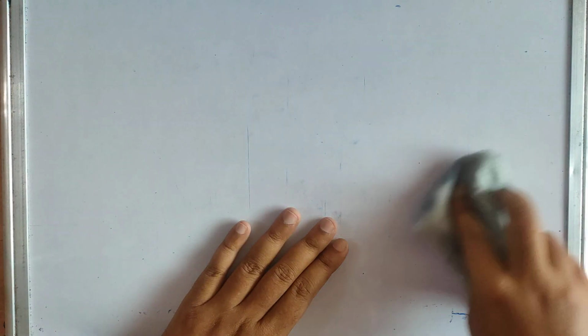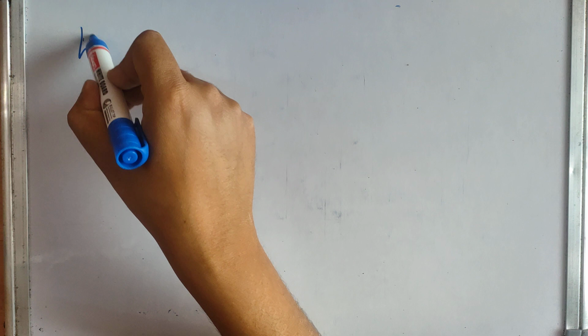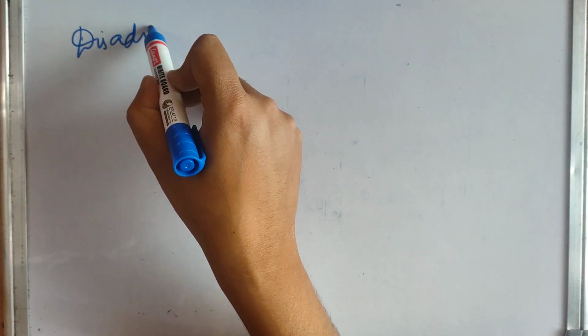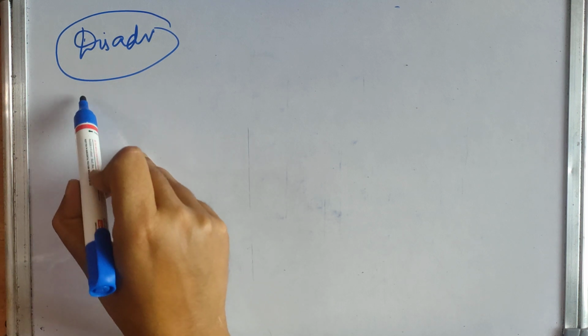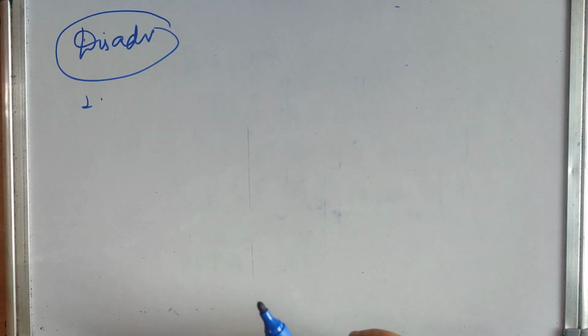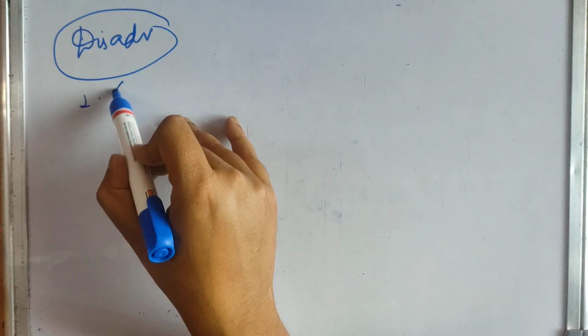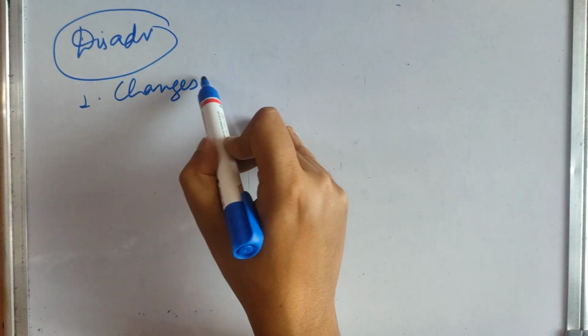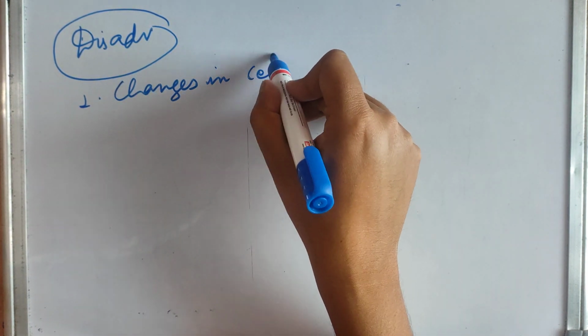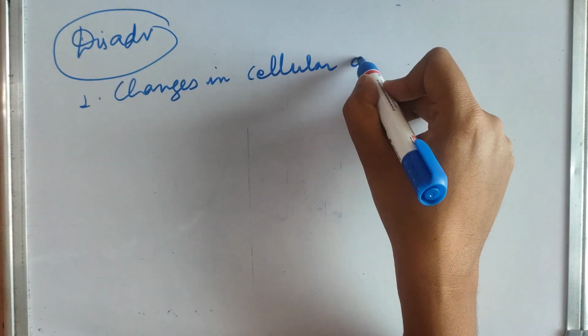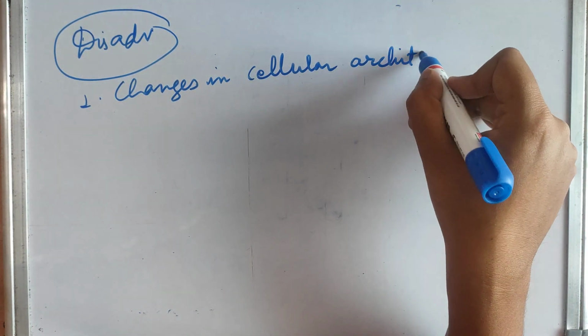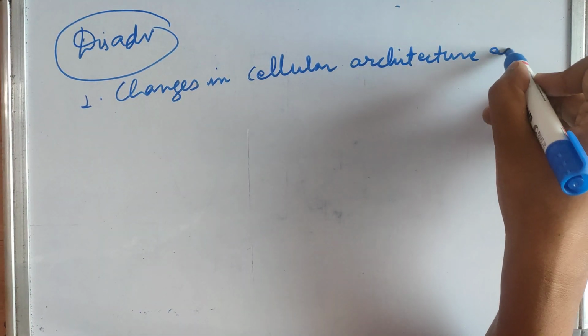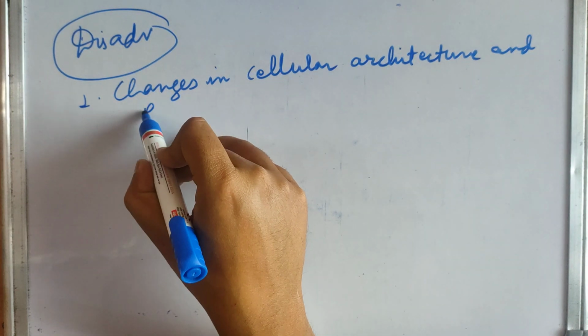What are the disadvantages of polyploidy? Here we can see changes in cellular architecture and regulatory implications.